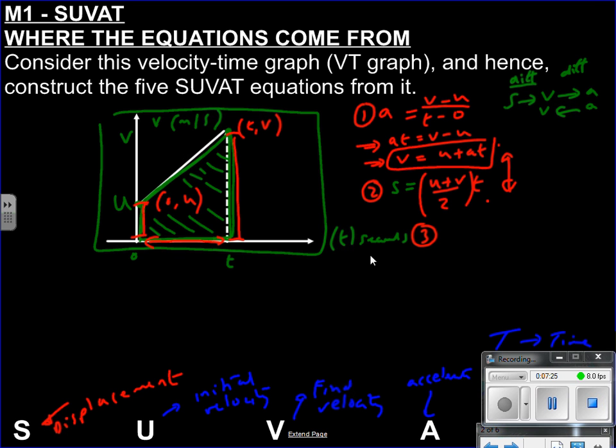So, if I want to come up with this third one, I could say that S equals U plus V over 2 times T. So V, we know, is U plus AT. We just derived it here.